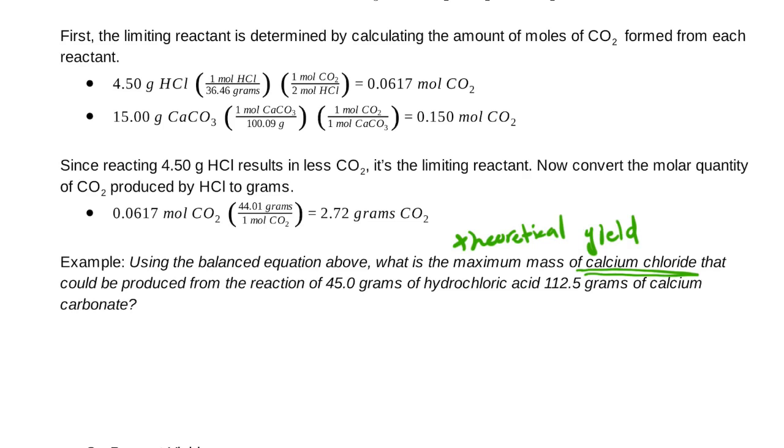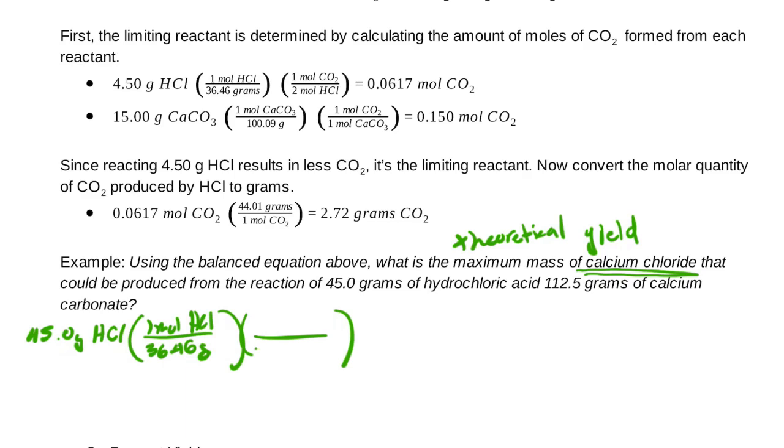And here we go. So I'm going to figure out which is the limiting reactant first. I'm going to aim for the product calcium chloride, and then depending on how many moles my limiting reactant can make, I will then convert that molar quantity to a grams quantity. So here goes. 45 grams of HCl, that's hydrochloric acid. There are 36.46 grams in 1 mole of HCl.